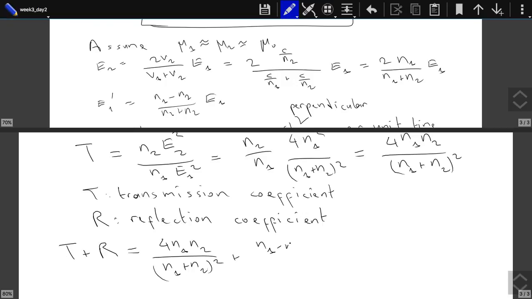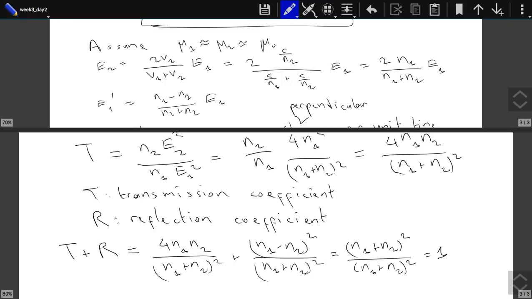Reflection was n1 minus n2 squared divided by n1 plus n2 squared. If you open up the parentheses, this will be n1 plus n2 squared divided by n1 plus n2 squared, which is 1. So everything proceeds in a consistent manner.